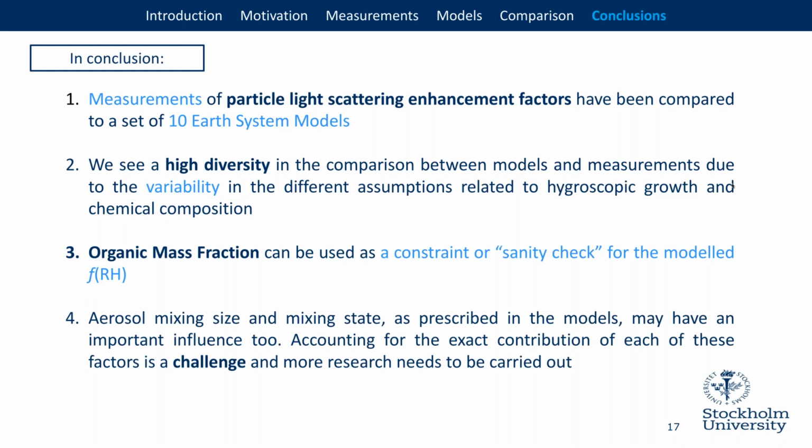And we realized that other variables can have an important influence, such as the mixing state or the aerosol mixing size. But the problem is that accounting for the exact contribution of all these factors was a challenge, and with our data, we were not able to dig more into it.